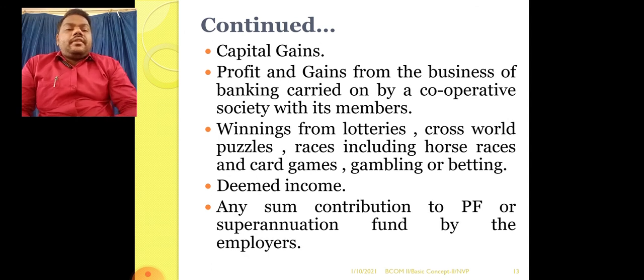Capital gains, profit and gains from the business of banking carried on by a cooperative society with its members, winnings from lotteries, crossword puzzles, races including horse races and card games, gambling or betting, deemed income, any sum contribution to PF or superannuation fund by the employers. PF means here Provident Fund.